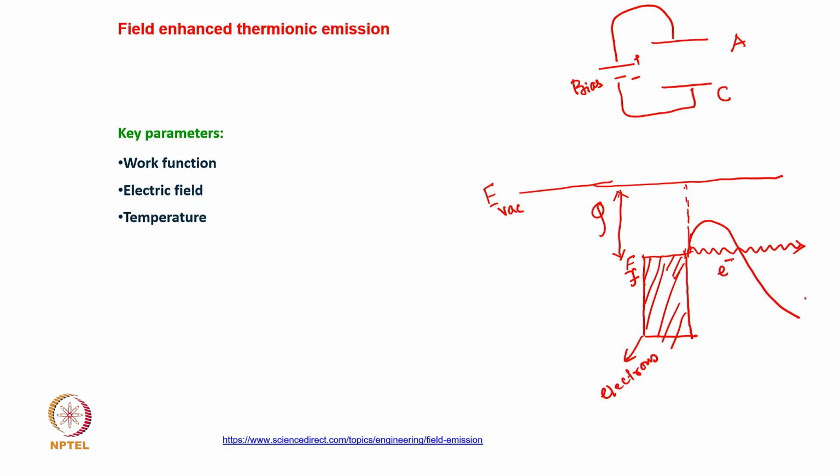So, what happens when we apply an electric field? There is an electric field here which can reduce the barrier. So, this is actually the potential. You can consider this is the potential energy, say along that direction.